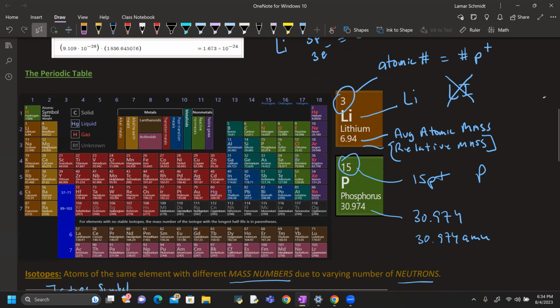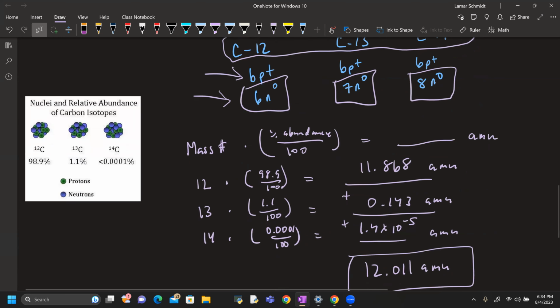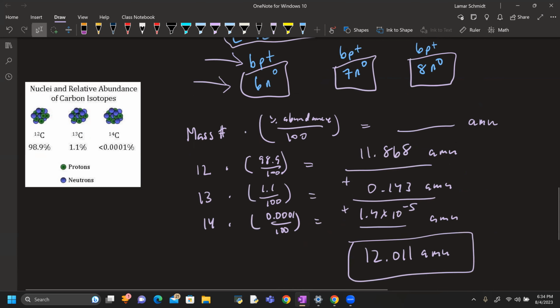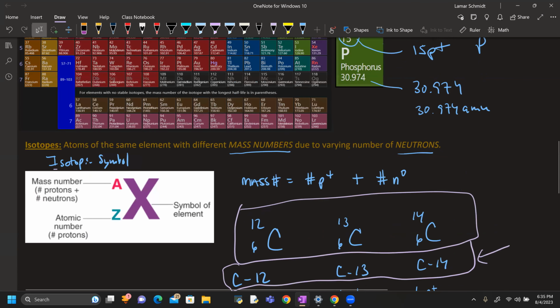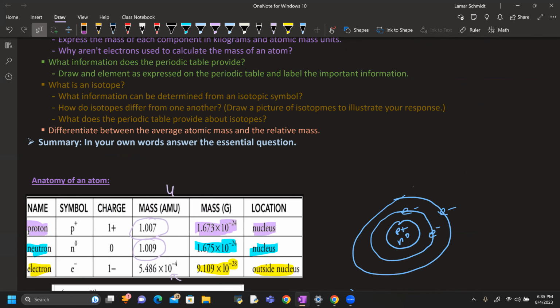And how do we get the average atomic mass? We get that by calculating the weighted average of the isotopes. And we can tell what the percent abundance of the isotopes are through given data. All right. And we'll say that for right now because we don't have a mass spectrometer. And most of that data is already out there for us to obtain. All right. And then lastly, it says differentiate between average atomic mass and relative mass.